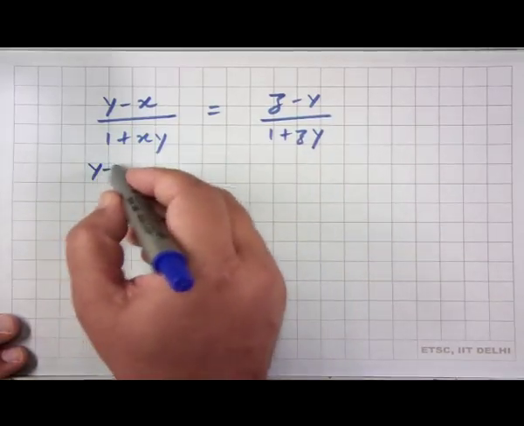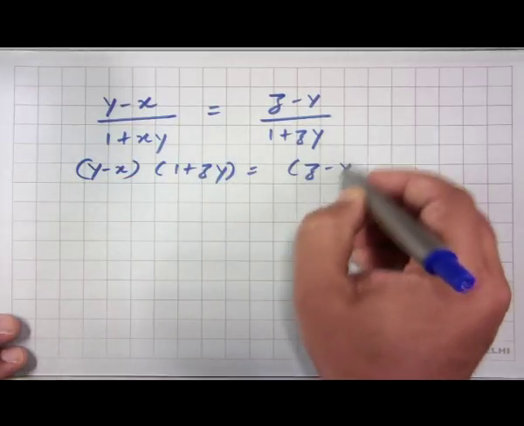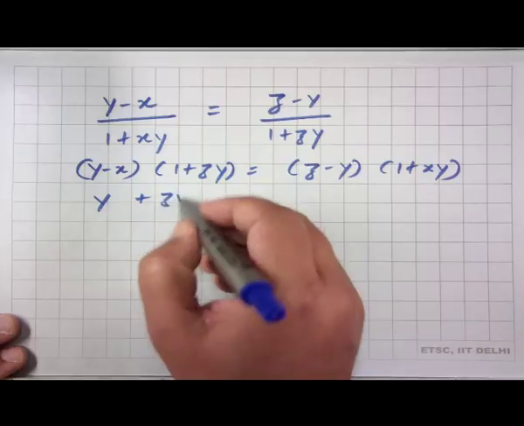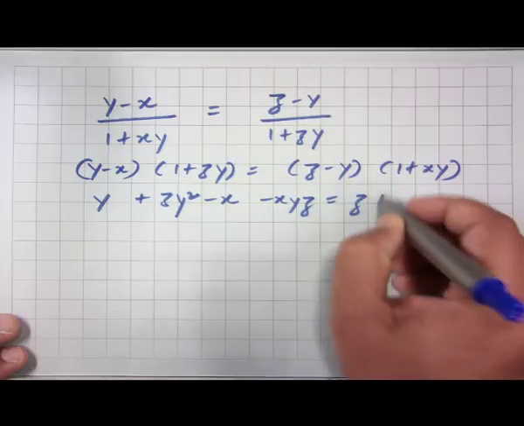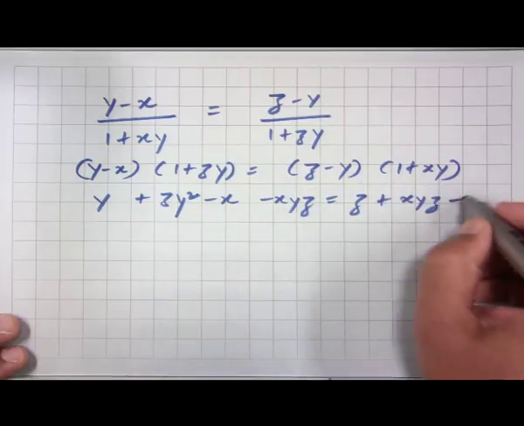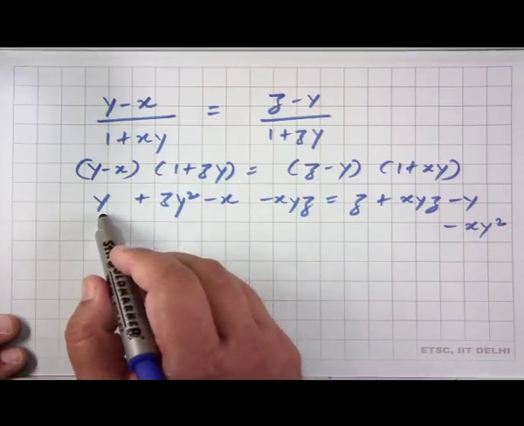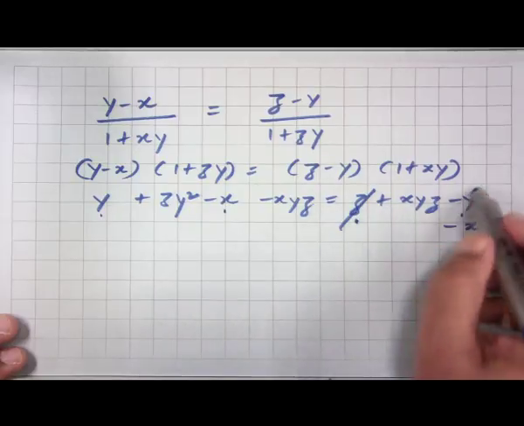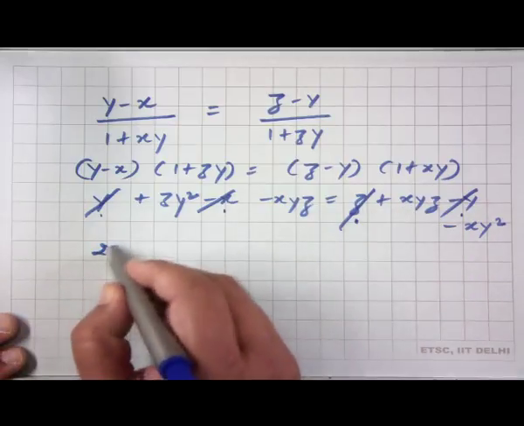further simplification gives us that (y minus x) into (1 plus z y) is (z minus y) into (1 plus x y), and then y plus z y square minus x y z is z plus x y z minus y minus x y square. Now, we know that because x, y and z are in arithmetic progression, y minus x is equal to z minus y, and therefore, these 4 terms cancel out, and then what we get is 2 x y z.